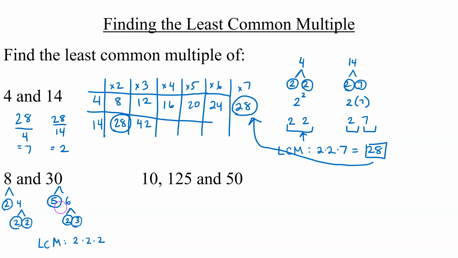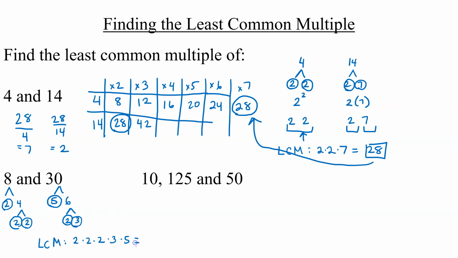Our next prime number would be 3. We don't have any 3's here, but we have 1 3 here, so we have to put 1 3 for our least common multiple. Our next prime number would be 5. There's no 5's here. There's 1 5 here. So we have to take 1 5 for our least common multiple. And then you see we don't have any numbers greater than 5 for our prime factors.